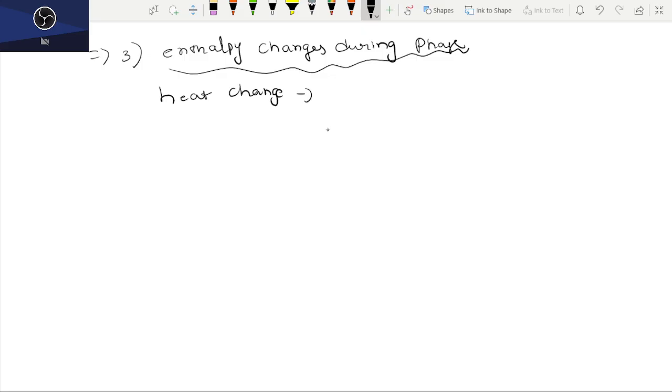So when heat is changed in the change of physical state, it is called enthalpy change during phase transition. Enthalpy of sublimation. What exactly is enthalpy of sublimation?